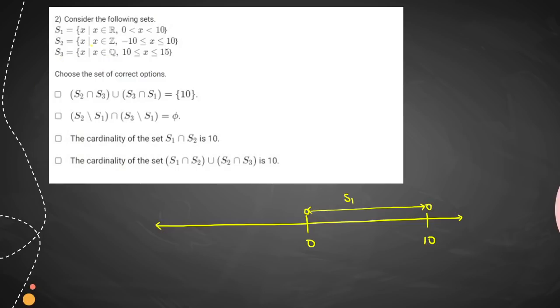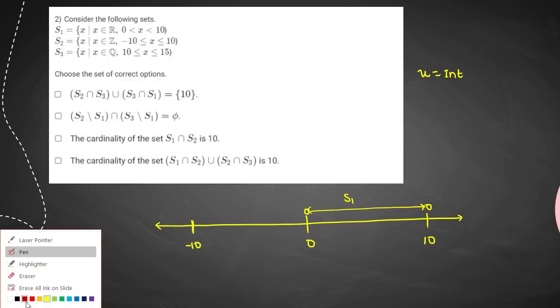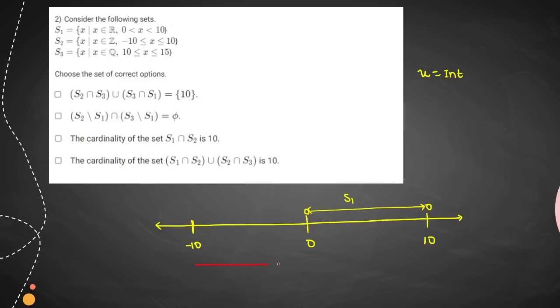s2 is such that x belongs to Z, so x is an integer and it is from minus 10 to plus 10. It includes both minus 10 and plus 10, so minus 9, minus 8, similarly 9, 8.